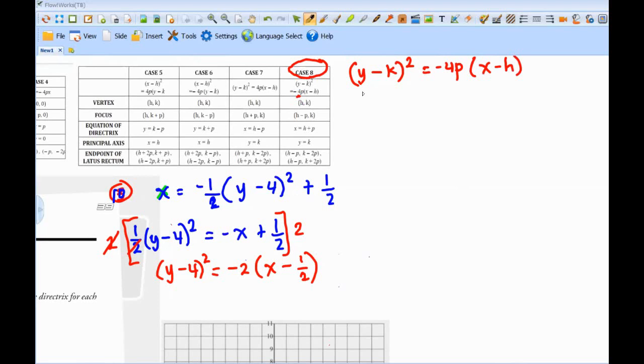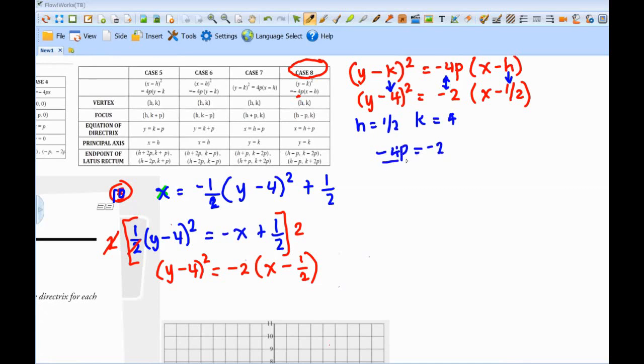We will rewrite our formula here: (y minus 4) squared equals negative 2 (x minus half). So obviously our k is 4 and our h is half. To get the p, we will equate these two. Negative 4p equals negative 2. We will divide both sides by negative 4.